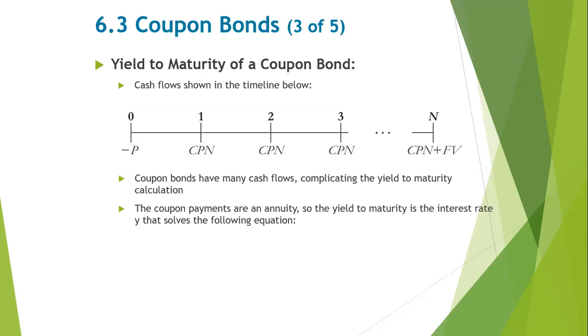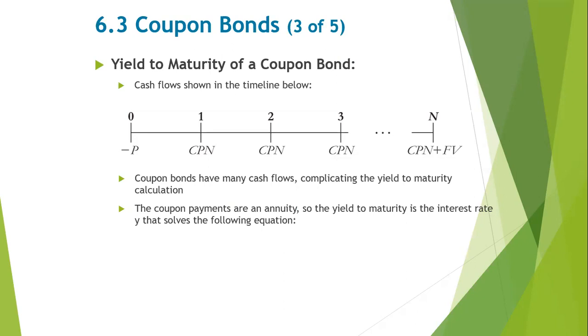This investment has the cash flows shown in this timeline on the screen, right? The yield to maturity of the bond is the unique discount rate that makes the present value of the bond's future cash flows equal to its current market price.